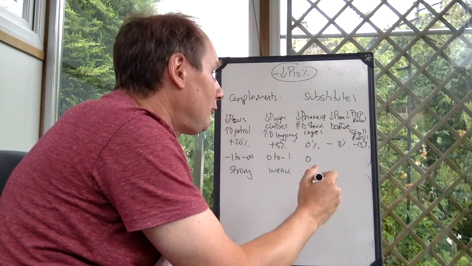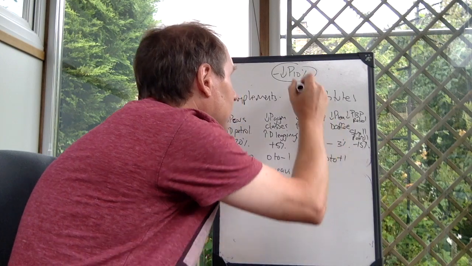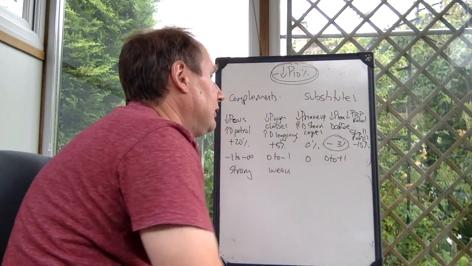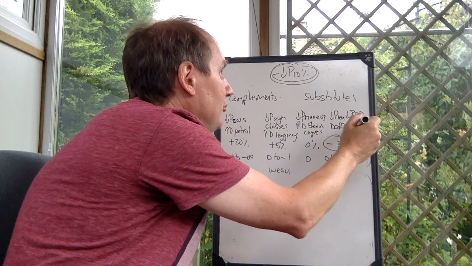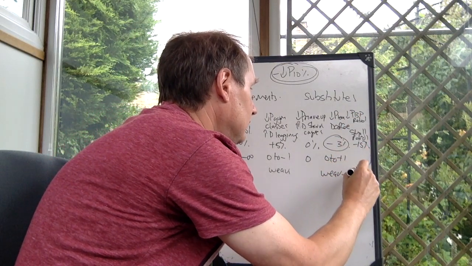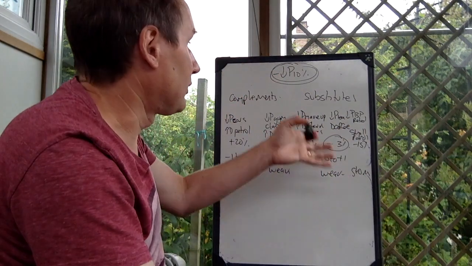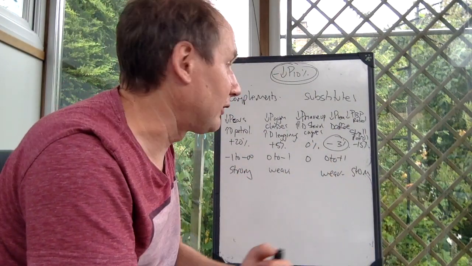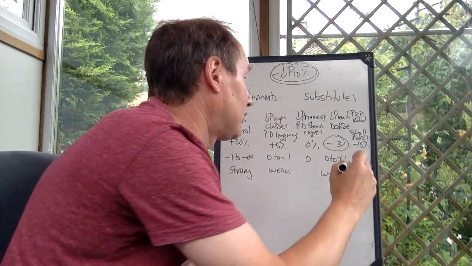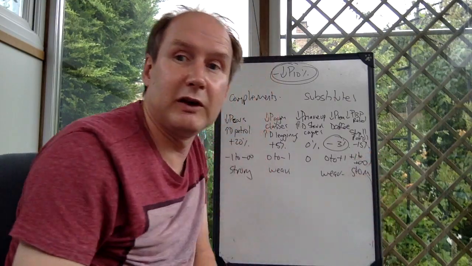So for weak substitutes, again, it will be 0 to +1. A decrease in price there leads to a small decrease in demand. But for strong substitutes, a change in the price of one leads to a very big change in the demand for the other, and in the same direction. So that would be +1 to plus infinity.